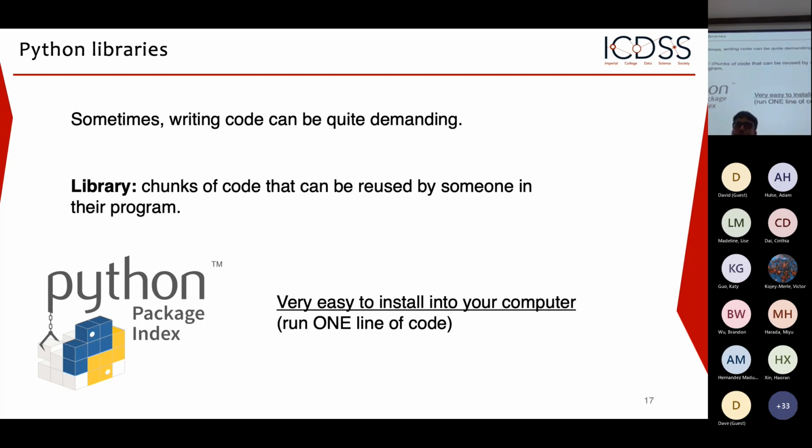These pieces of code are called libraries, and most of the important libraries are published on the Python Package Index, on the left. You can install them super easily on your computer by running one line in your terminal. That's another reason why Python is very good, because you install things that other people did very quickly and with almost no effort.